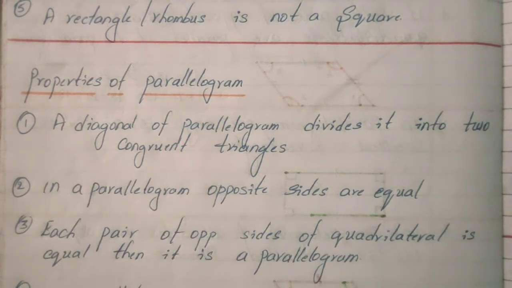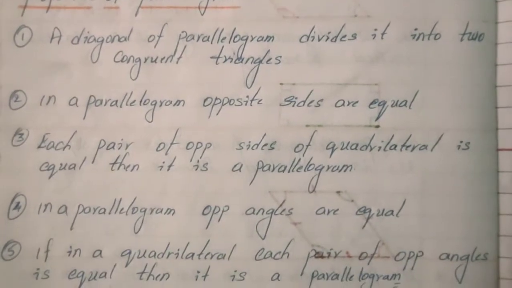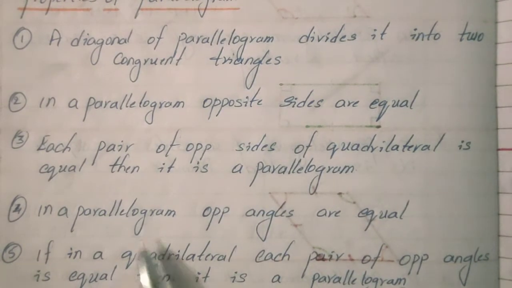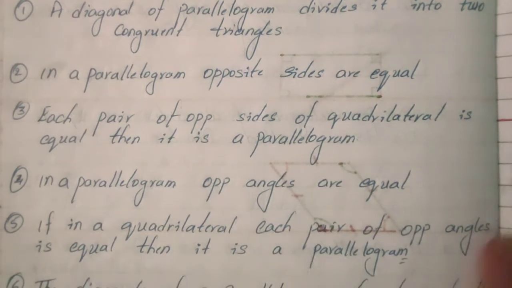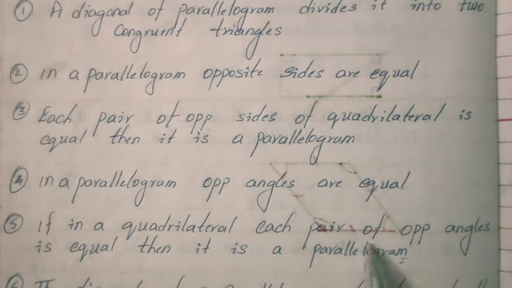Okay. Next point. In a parallelogram, opposite angles are equal. In another way, if you take any quadrilateral, and opposite angles are equal, then the quadrilateral is said to be a parallelogram.